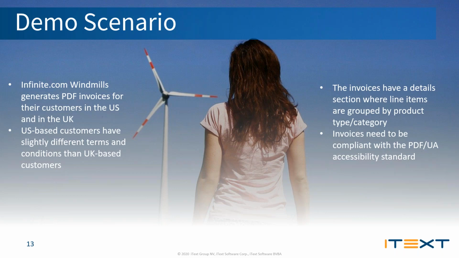We're going to split those out into two tables. So products on the one hand, services on the other hand, and calculate some subtotals for those sections. And then obviously Infinite.com wants their templates to be PDF UA compliant. So they want to make sure that they can be read out by screen readers. So that's what we're going to do in the demo.